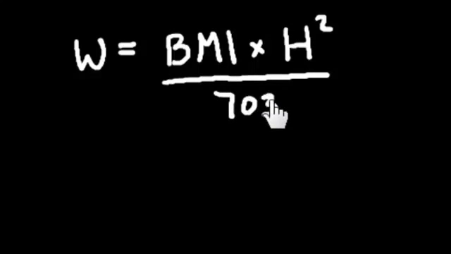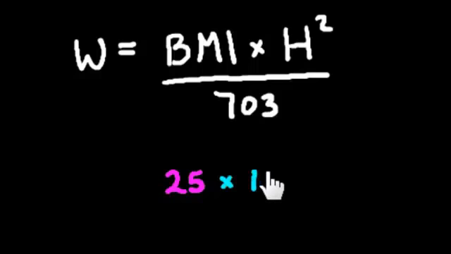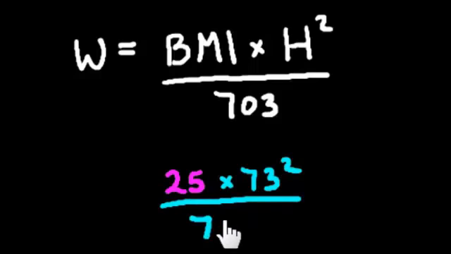I can say, okay, well, let's say that I wanted to figure out what to do if I have a BMI of 25. And I know that my height probably won't change. I'm not going to grow anymore. And 703 is the number we always have to use when we're using the conversion from pounds to kilos and inches to meters. So what does that equal?